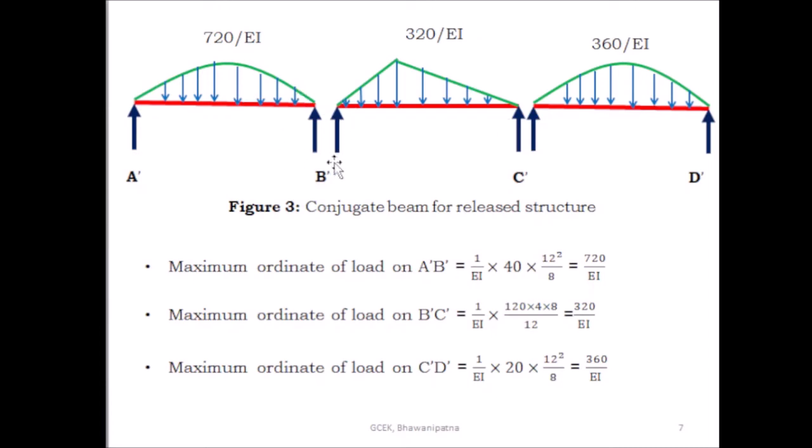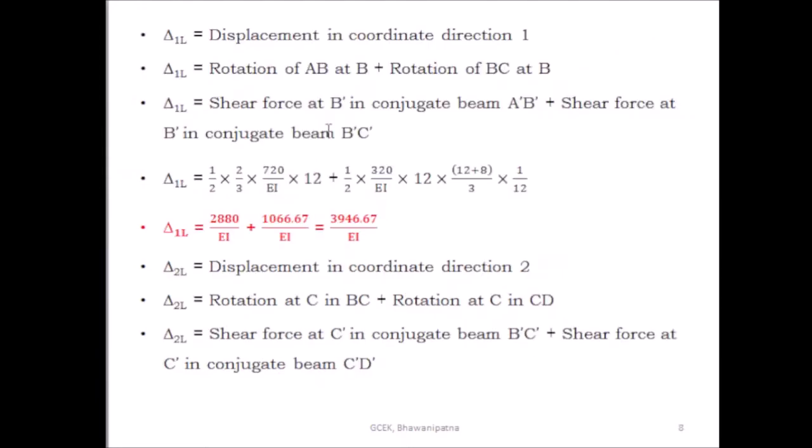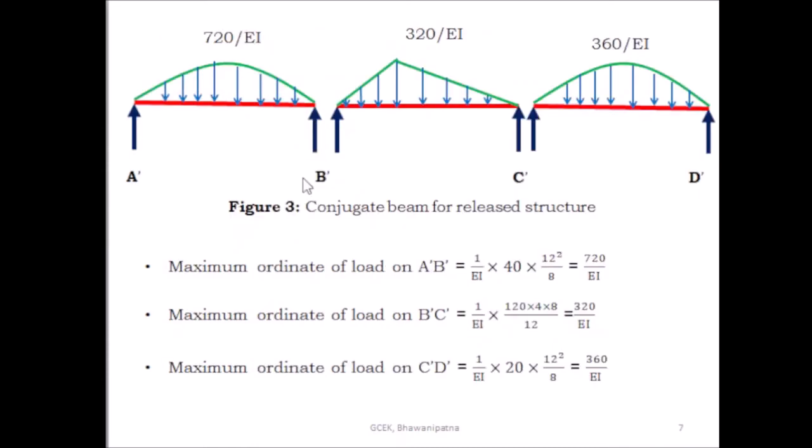Then the total reaction is the rotation at B of the real beam, the displacement at B in the real beam. So this is half into 2/3 into 720 by EI into 12. This is the reaction from A dash B dash. Similarly find out what is the reaction here. So for this reaction you have to take the moment about the point C dash.